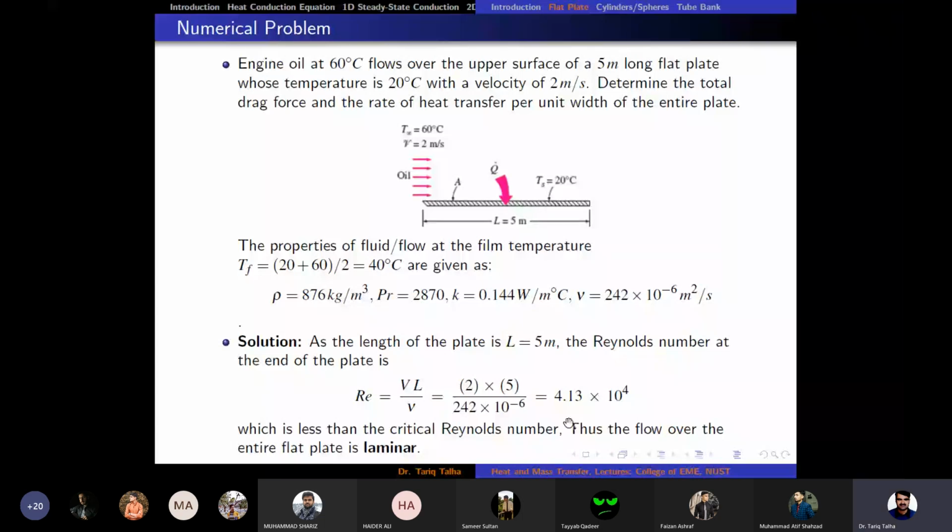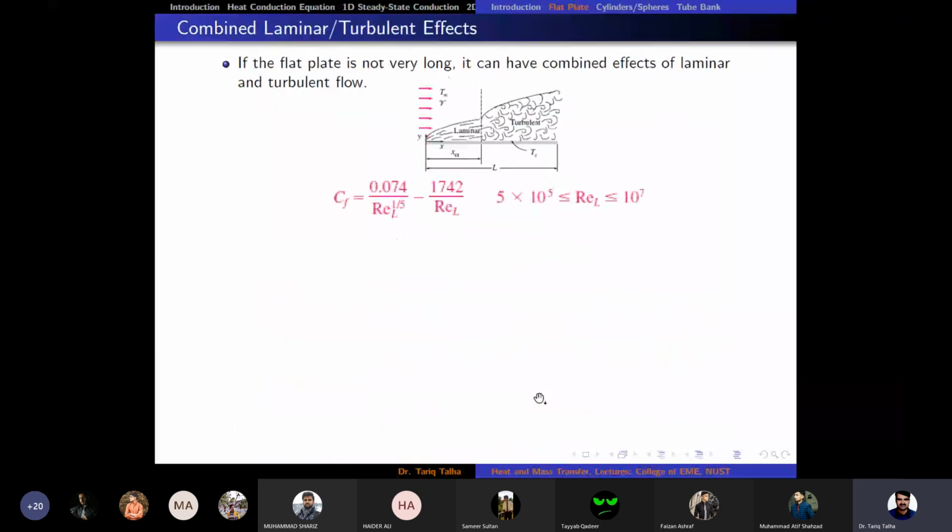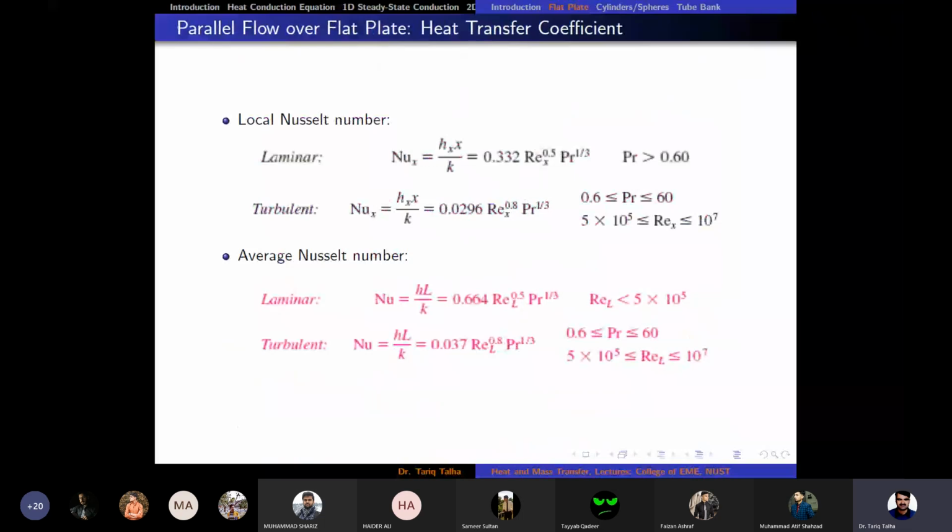Okay, so it seems that that query has been resolved somehow, so that is good. So 2 into 5, so I hope that now we know how we have calculated Reynolds number. Now as I mentioned, here we can use this formula for the laminar flow.